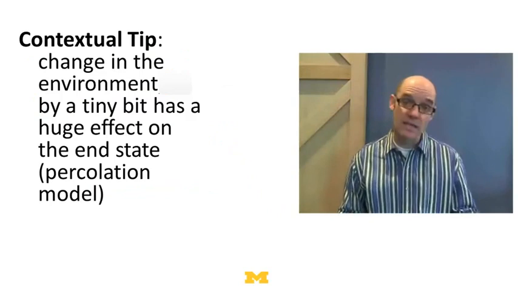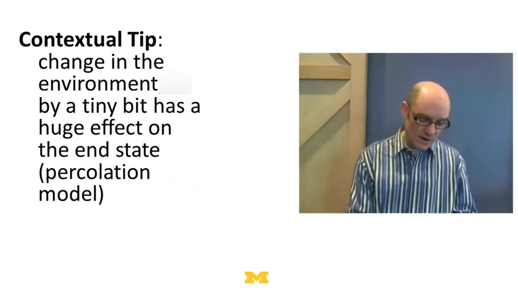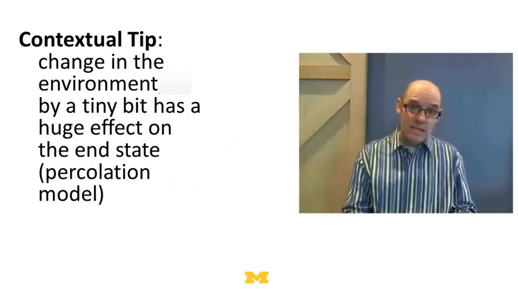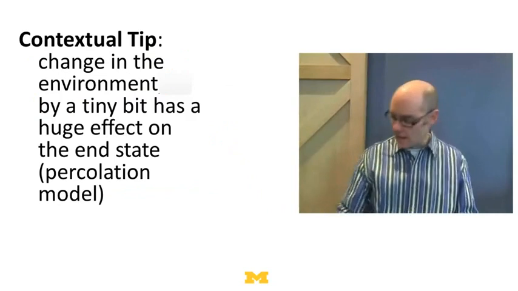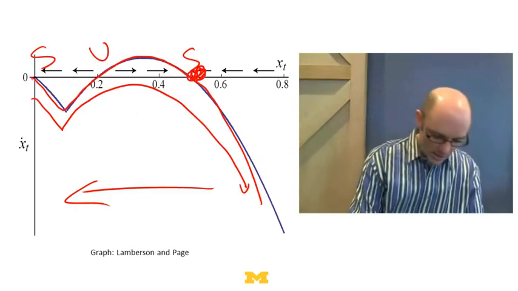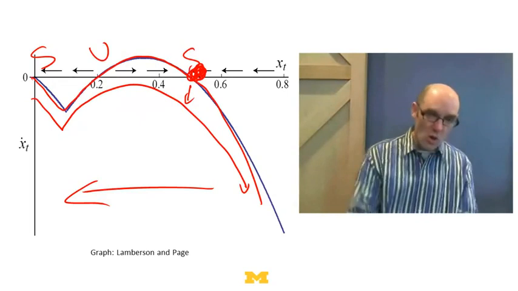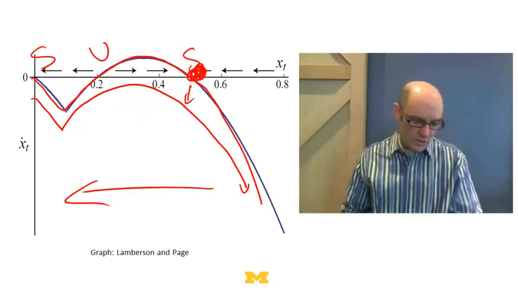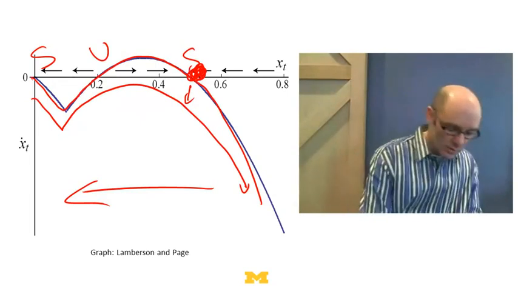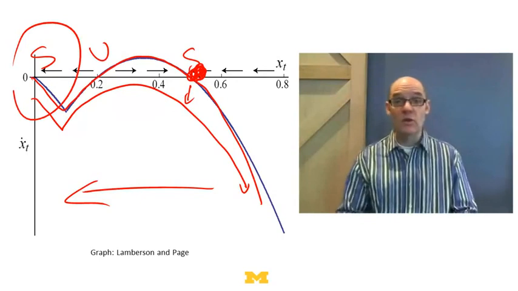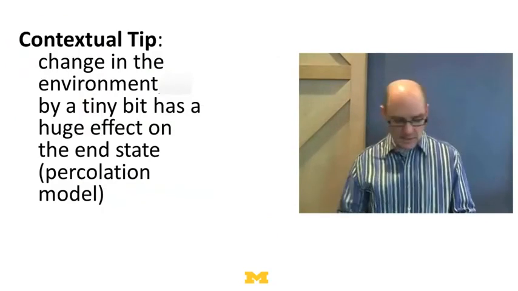So what we've got is a contextual tip. A change in the environment, just by a tiny bit, has an effect such that it wipes out, in this case, by the environment causing this curve to shift down, it wipes out this equilibrium. The dynamical system always points to the left, and what you get is a completely new equilibrium at 0. So a contextual tip is a change in the environment.